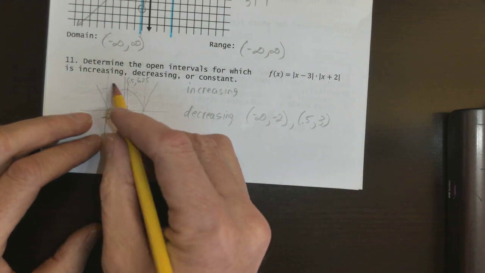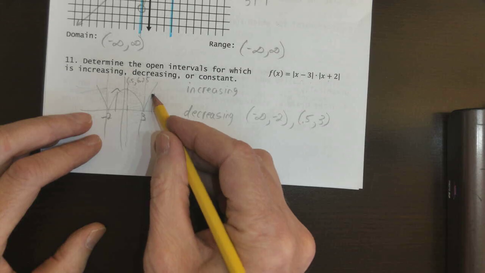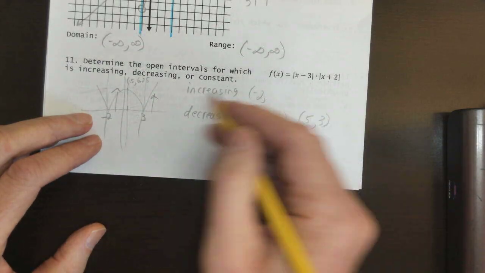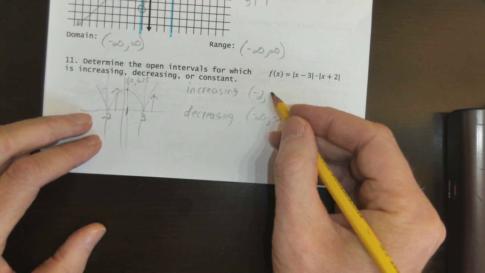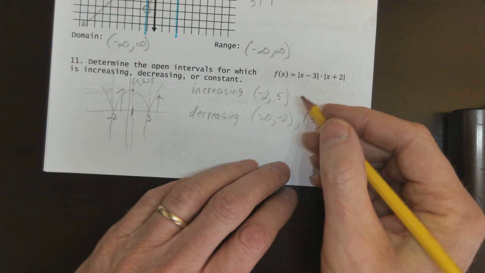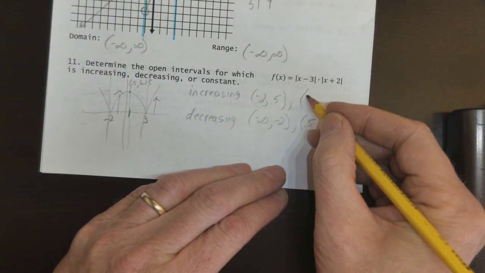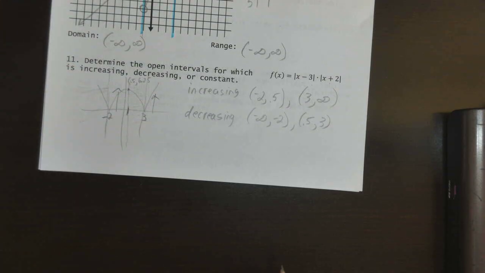And then this is increasing from negative 2 to that 0.5. Not the y value, but the x value is what we're going with. And from 3 to infinity is an increasing part.